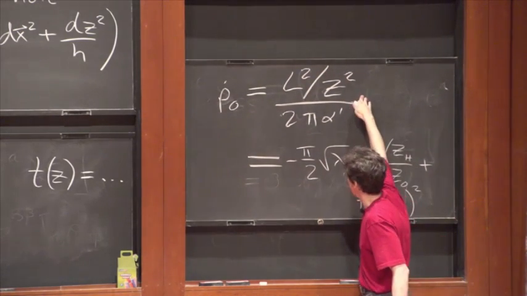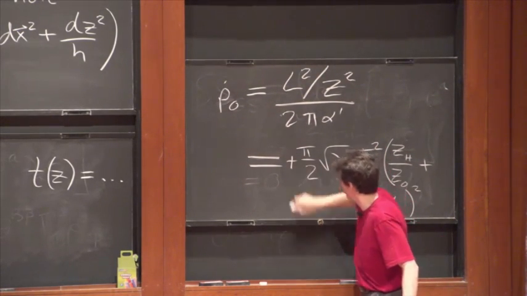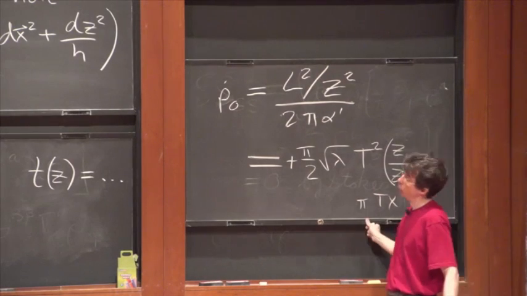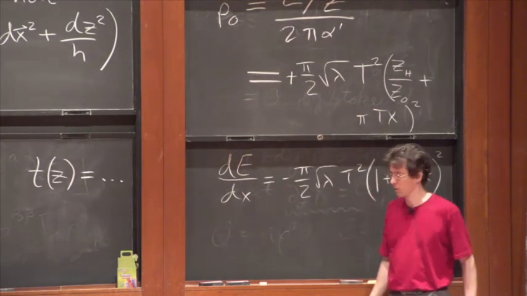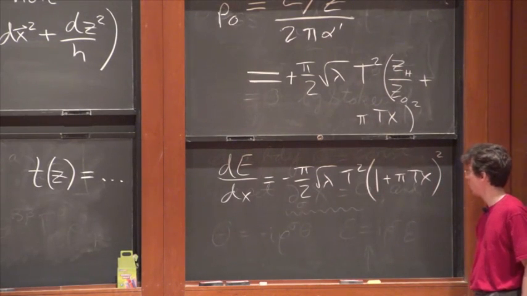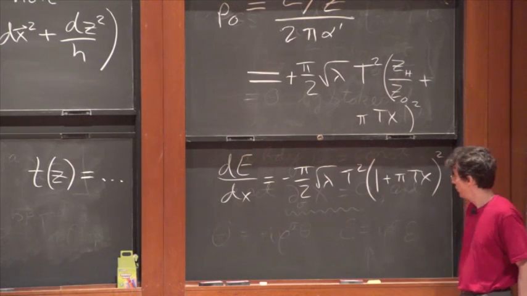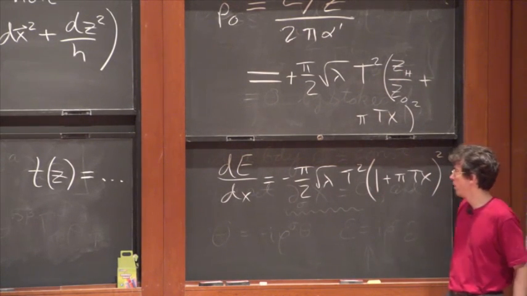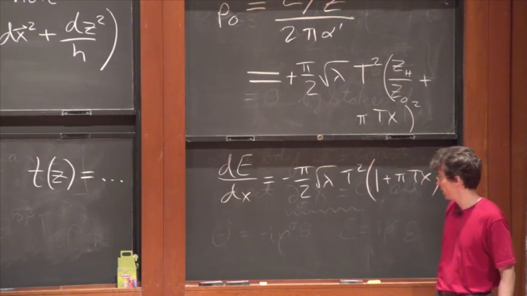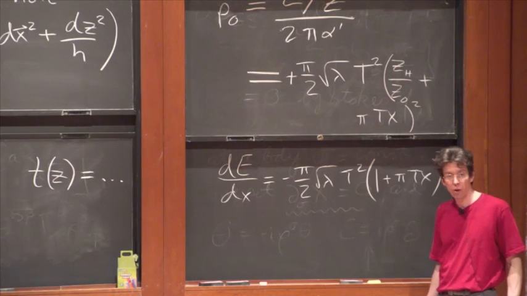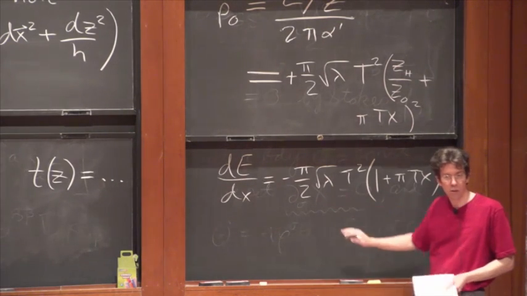You see, this is a positive sign. This is therefore a positive sign. The way the negative sign crept in at the end of the day was that E is minus P0. Okay, so this is kind of the end of the string theory. And the rest of what I want to say on this topic is just some brief words about comparison to data. Any questions about the string construction before I do?